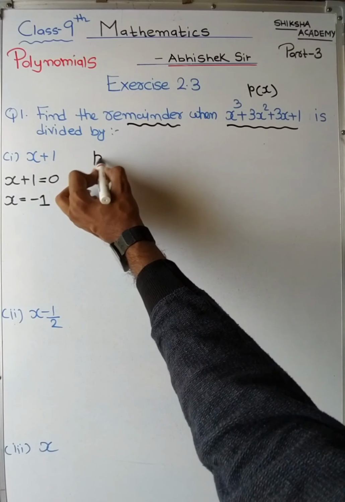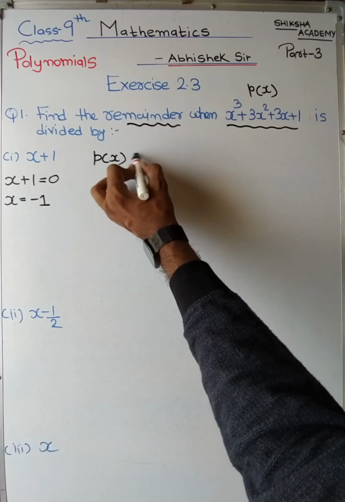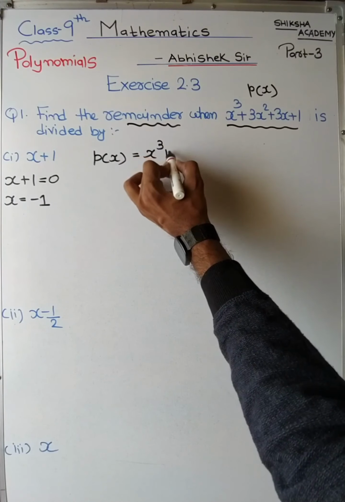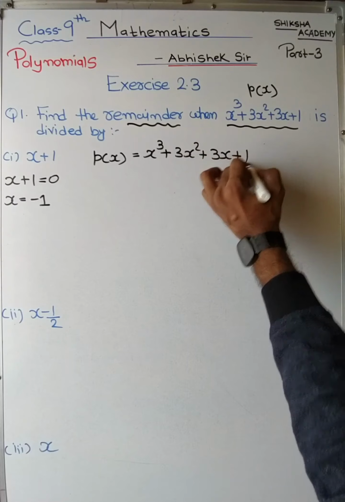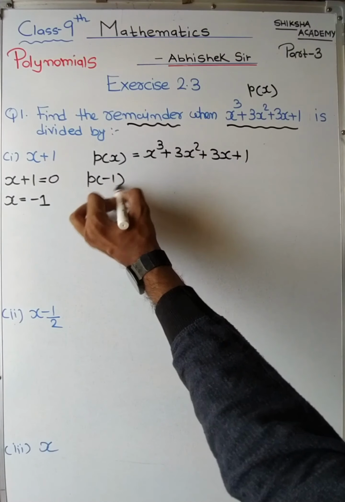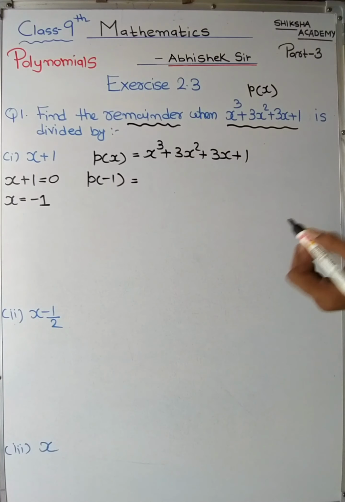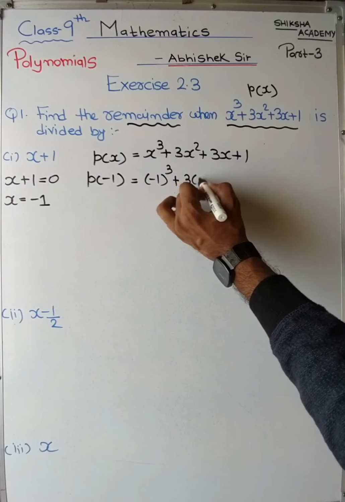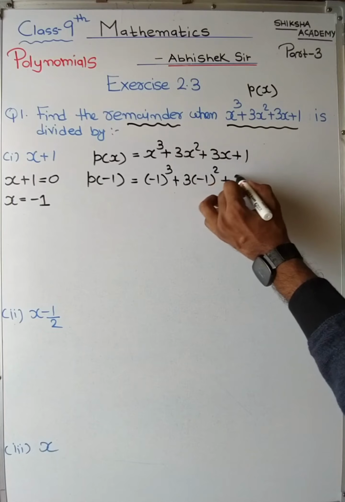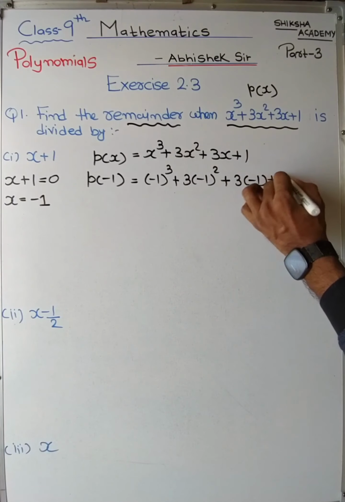So I'm repeating the question, we will put p of minus 1 and let us check what is the remainder. So minus 1 cube plus 3 into minus 1 square plus 3 into minus 1 plus 1.